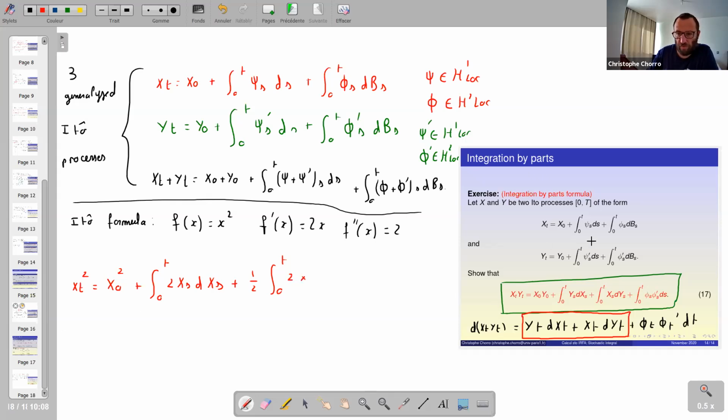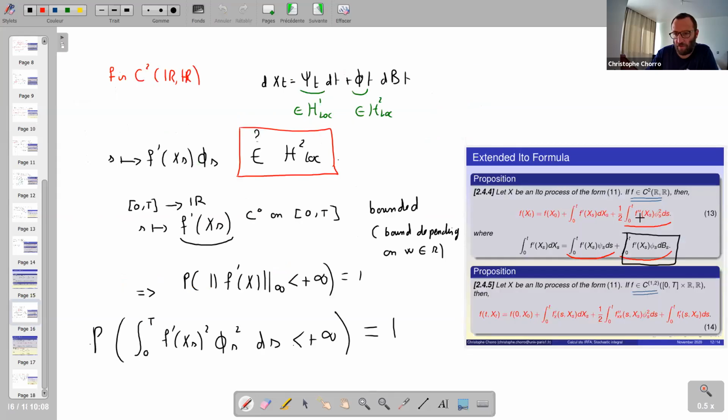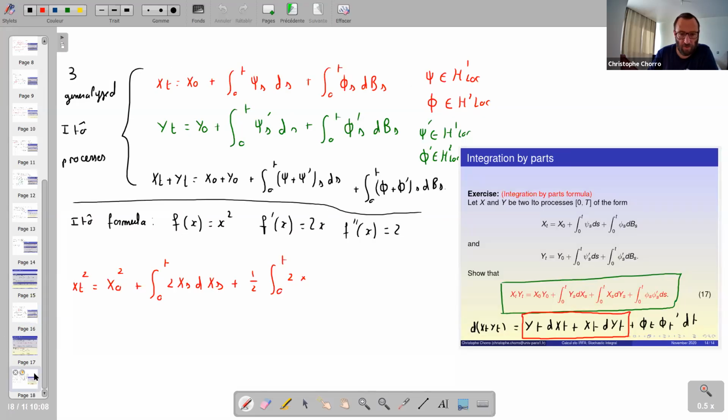If I come back to the previous formula, multiplied by the square of the term involved in the stochastic integral. So that is here, phi_s square ds. So this is the Ito formula for x, applied to the square function.